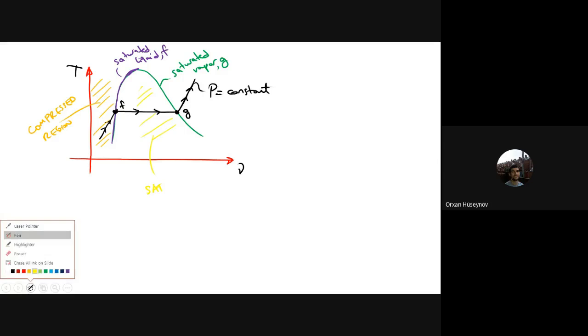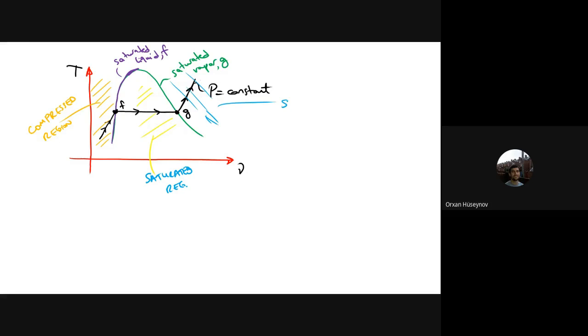It will be difficult for you to see the color here. So the region here will be the saturated region. And the region here, from this side, all of the parts here, is superheated.